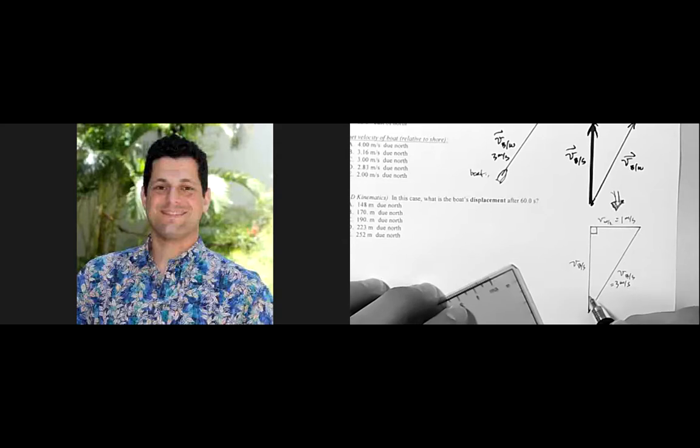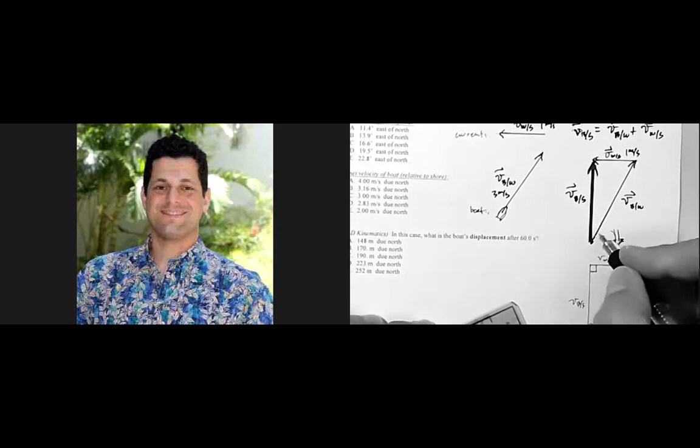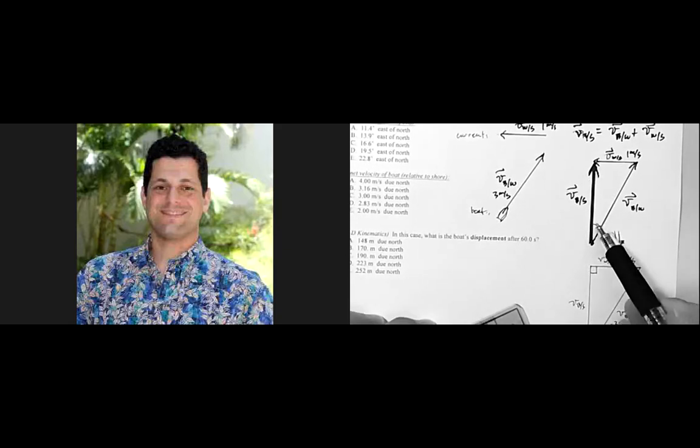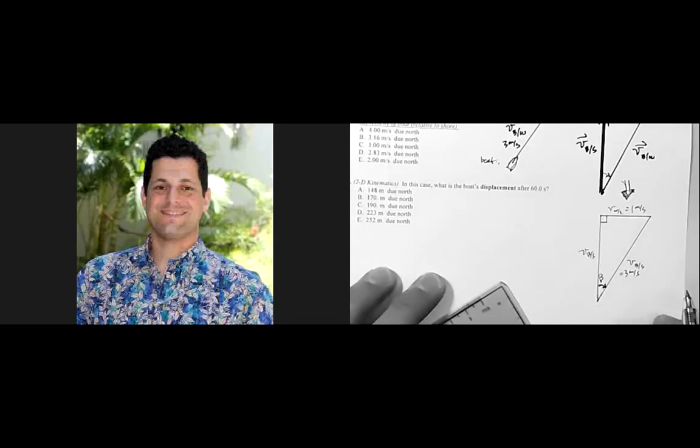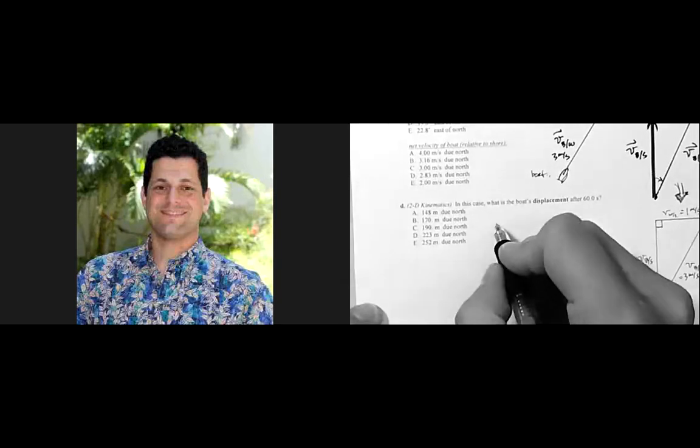If I want to know, and as the boat captain we want to know, what's the angle that we should point the bow of our boat into the oncoming current? So what's that angle that I want to adjust by to counteract the oncoming current? All right, so triangle method.